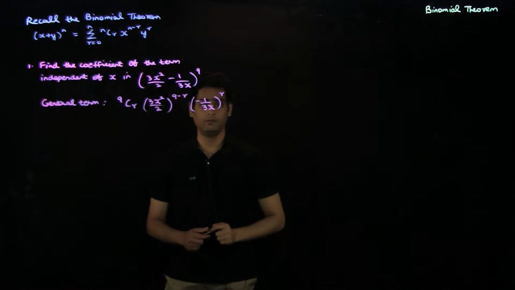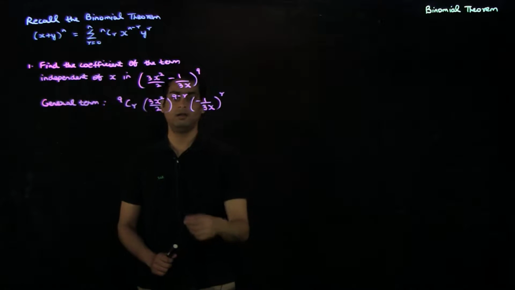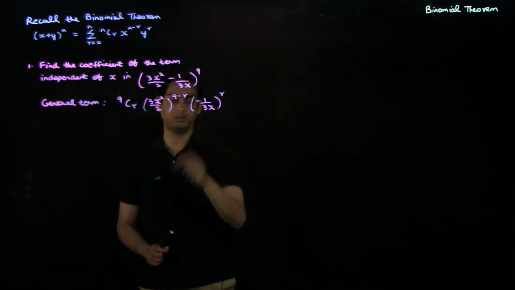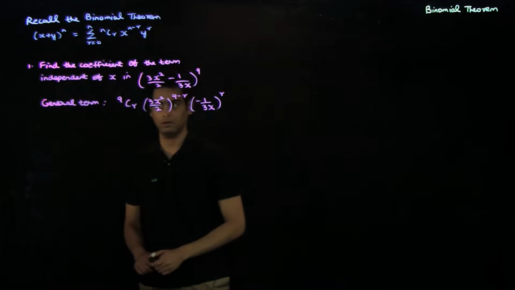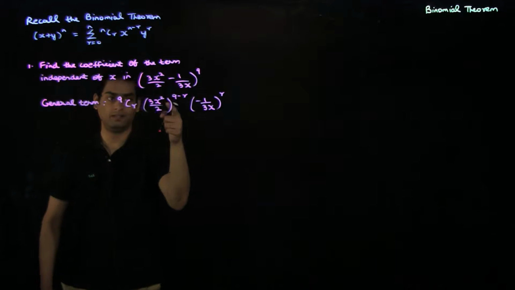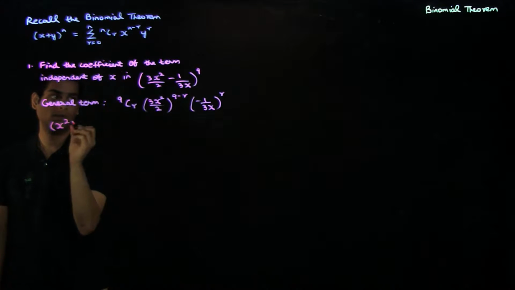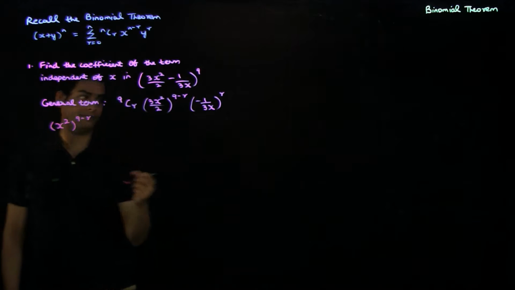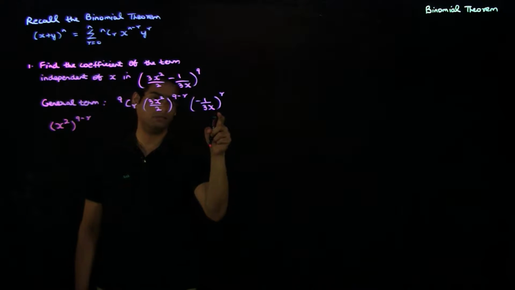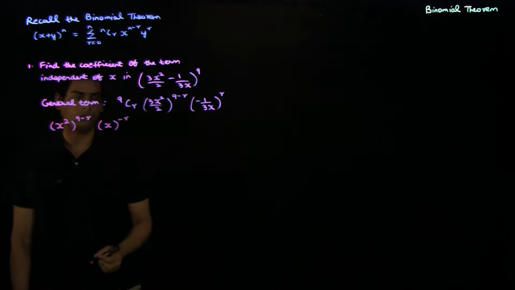So again you want to form x power 0 from a general term, and so you would want the powers of x to cancel out and give you x power 0. So notice that the power of x in the first term is nothing but x squared power 9 minus r, and the power of x in the second term is nothing but x power minus r.